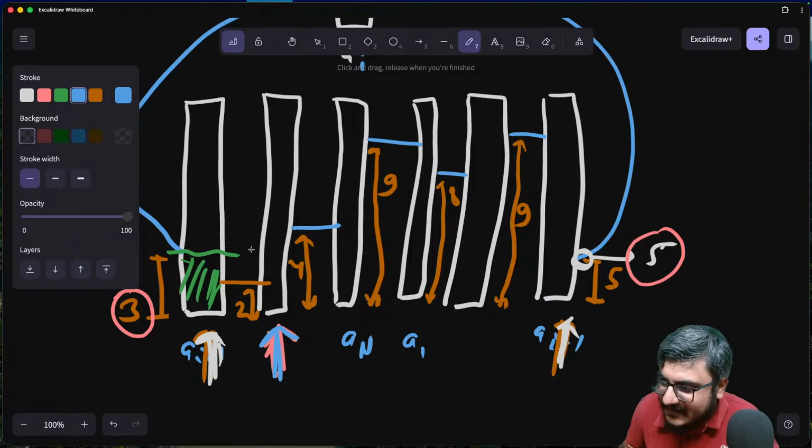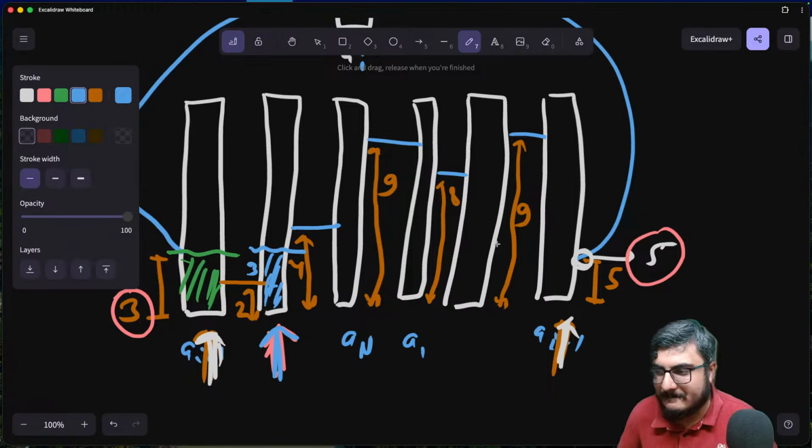So I am claiming that if I fill water up to height 3 here, it will also not overflow to the right side. Because here I have filled up to 3, here also I can fill up to 3. If I fill less, then these two can equalize however they want, but water will not move to the right side. This is with the constraint that on the right side we have a pipe at height 5.